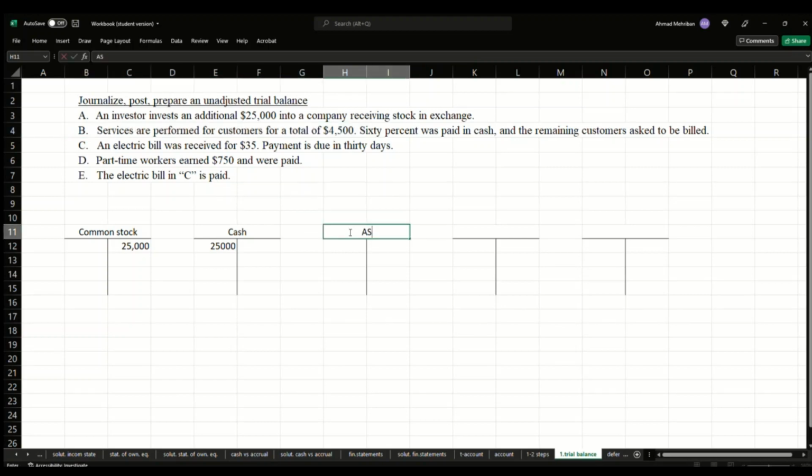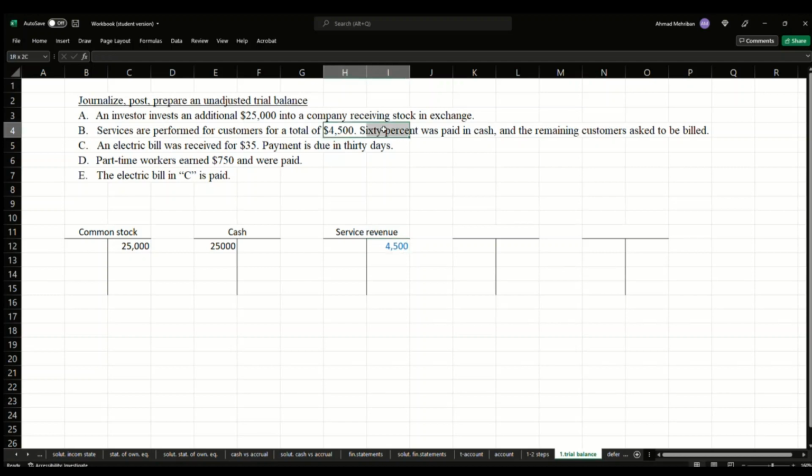So I write here service revenue, and this is a revenue account. Revenue accounts increase through the credit side. So 4,500. Again, the color is unnecessary, but okay, I'll fix that later. 4,500 is a sale that we've made. That's it. All we have to record here is how much we sold or provided service.